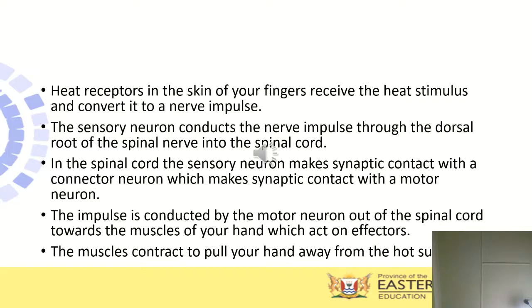From the receptor, you've got the sensory neuron along the dorsal root of the nerve, going into the spinal cord, making a synaptic contact with the connector neuron in the spinal cord, the connector neuron making a synaptic contact with the motor neuron that must come out of the spinal cord, right into the effectors.